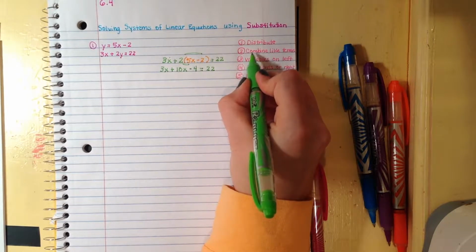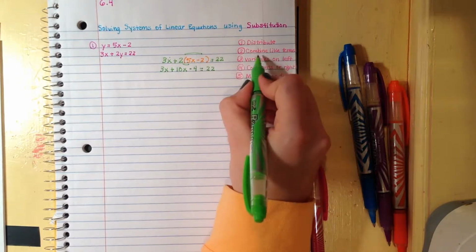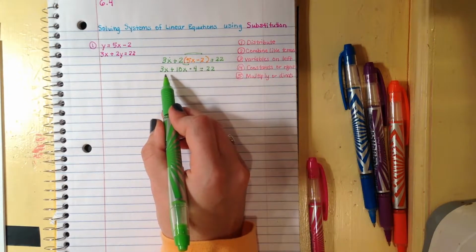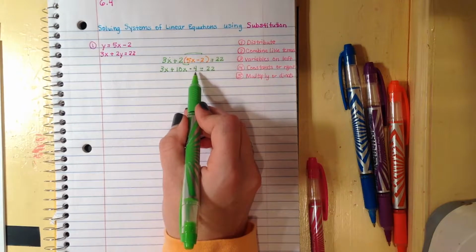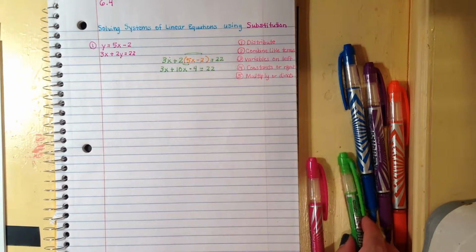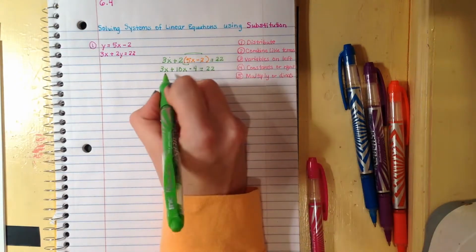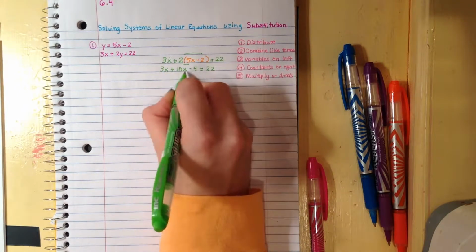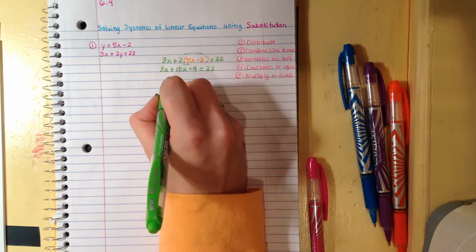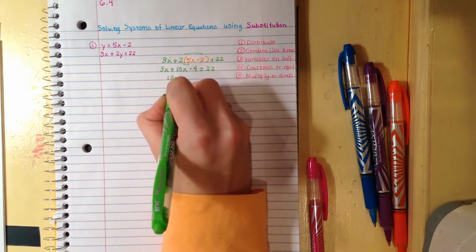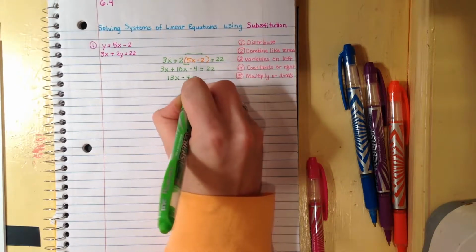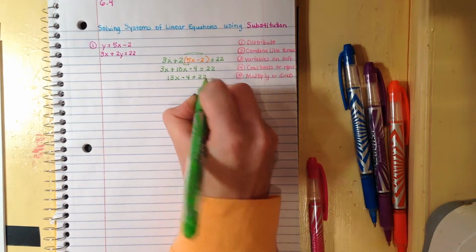So I've now used my first step. Combine like terms. I'm looking for like terms of my same variable or having two same constants on the same side of the equal sign. Well, I look here and I see that I have more than one x. I have a 3x and a 10x. I combine those, which will allow me to have 13x. Bring down my constant, minus 4 equals 22.